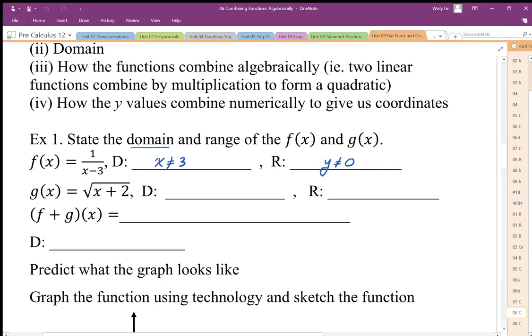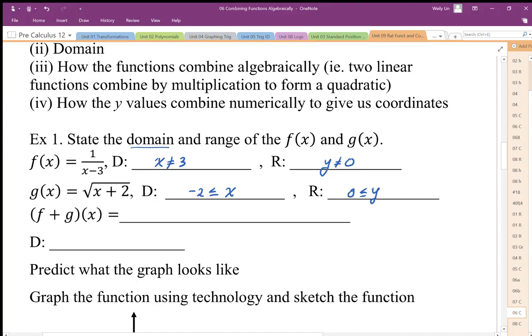For g, it has a domain restriction because we cannot square root negatives, so x must be equal to or greater than -2. And as a square root function going up to the right, the range is going to be y is greater than or equal to 0, because that's the starting point of that function.